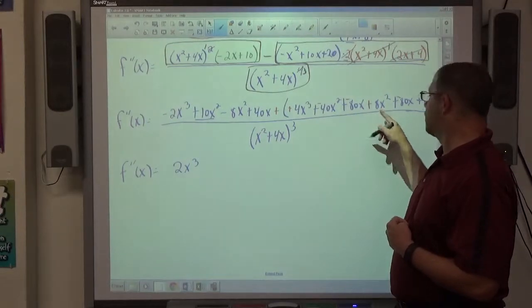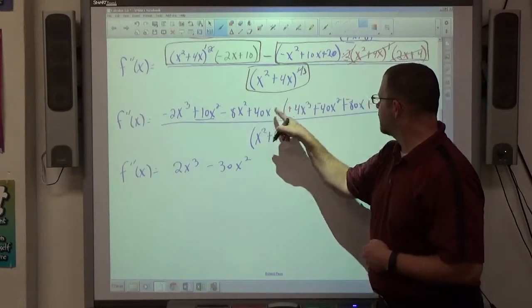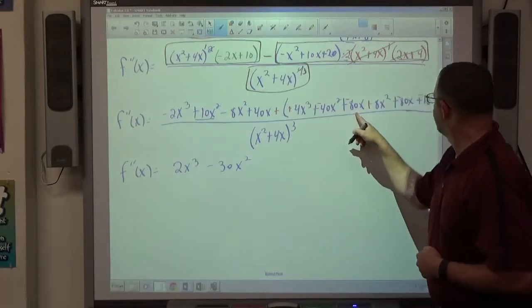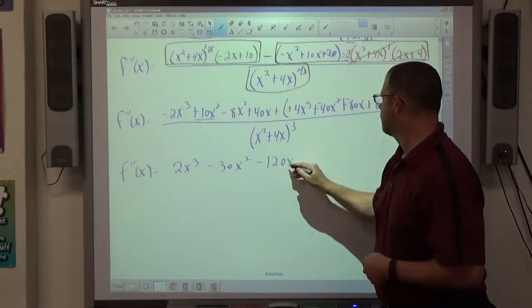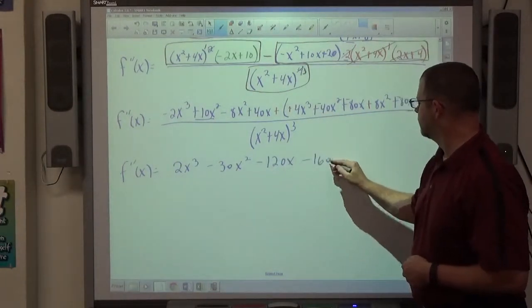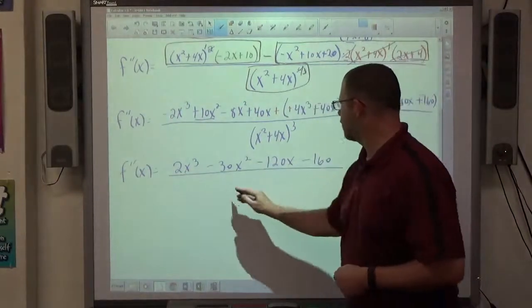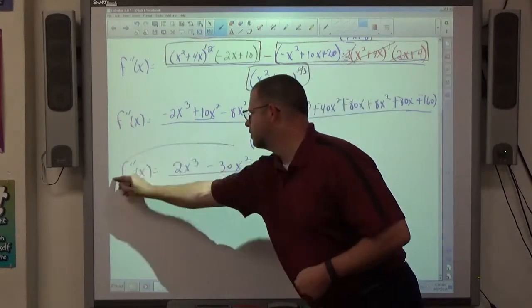Plus 8x squared is minus 30x squared. 40x minus 80x is negative 40x. Minus 80x is negative 120x. And then minus 160, all over x squared plus 4x cubed.